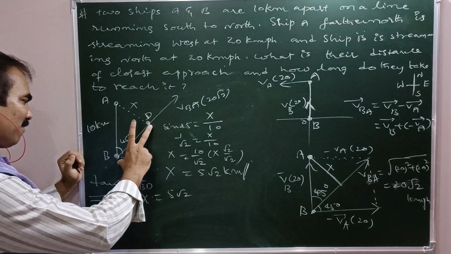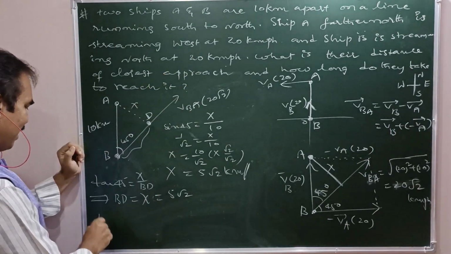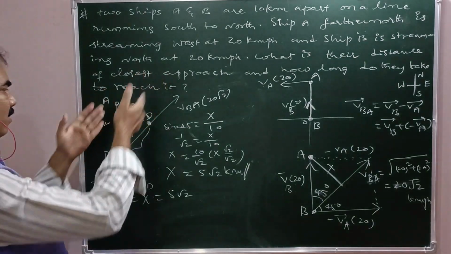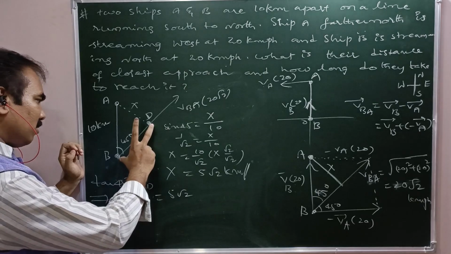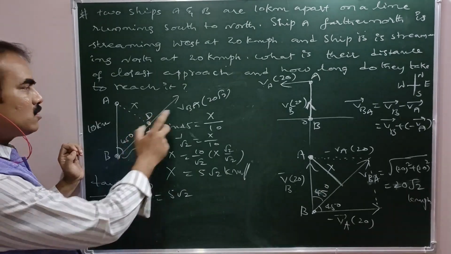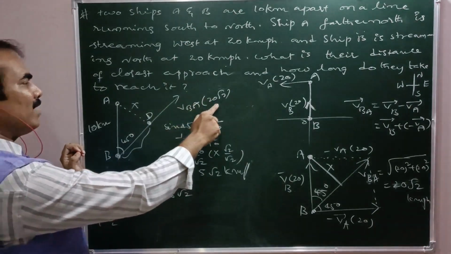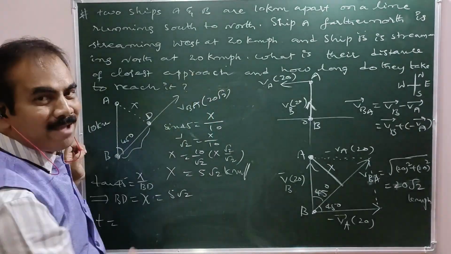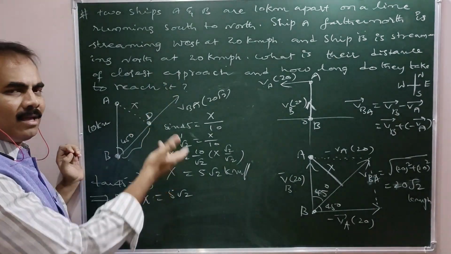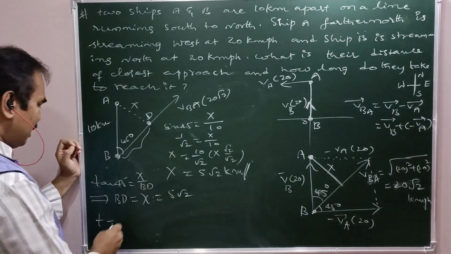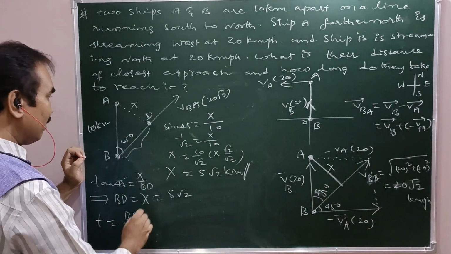So we know BD and the relative velocity. Time taken equals distance divided by velocity. I am familiar with VBA along this way, which is 20 root 2 kmph. If I take the distance from B to D along this way, I can find the time. Time equals BD by VBA.